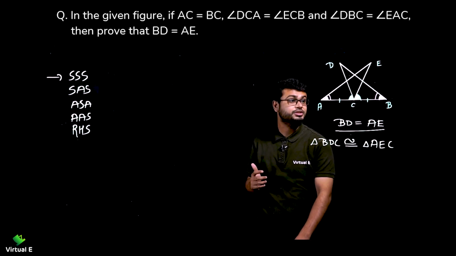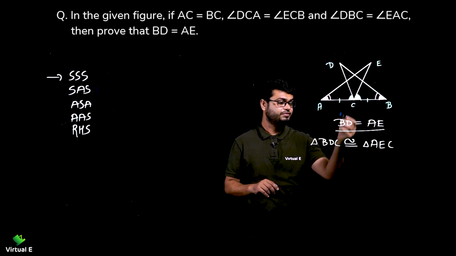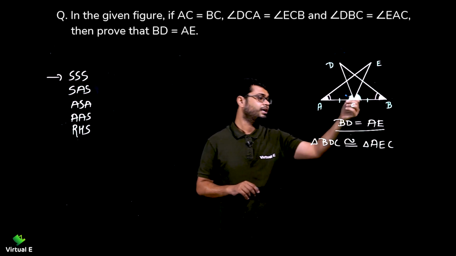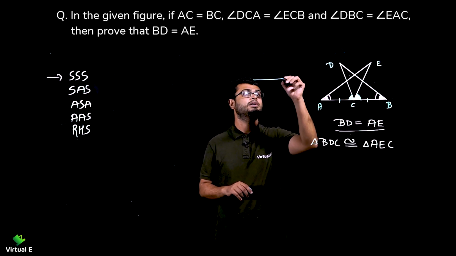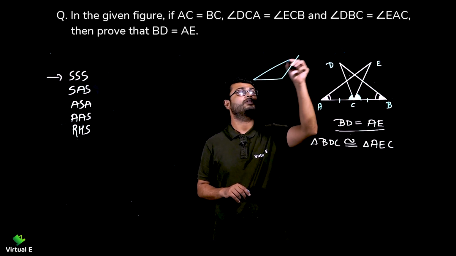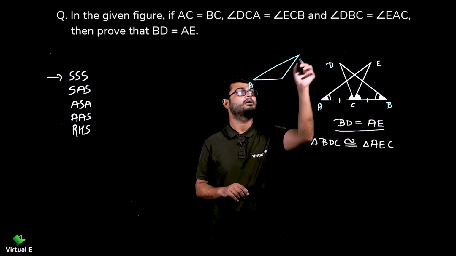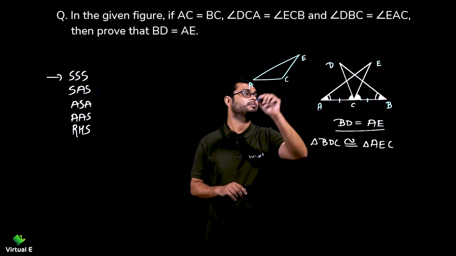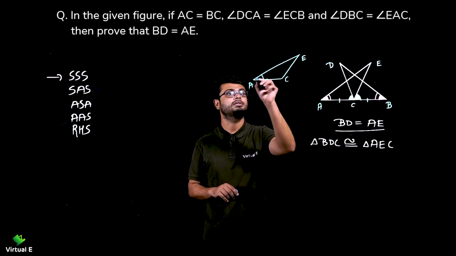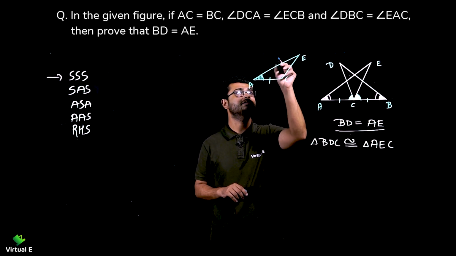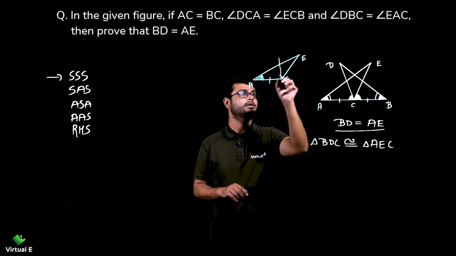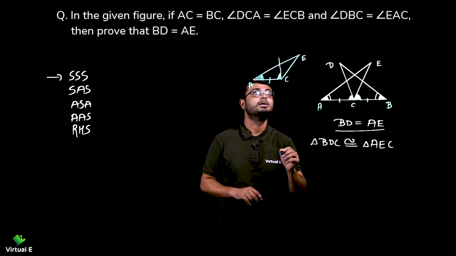First of all, let's draw these two triangles separately. First, let's draw AEC. So this is AC, here E will be there. So A, E and C, right? This angle is there and this side, and here somewhere D is there, and this angle is also equal.